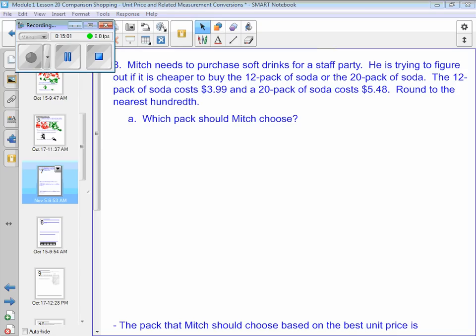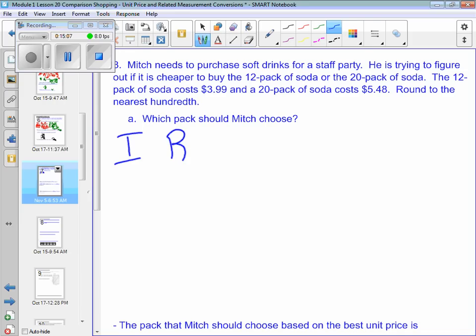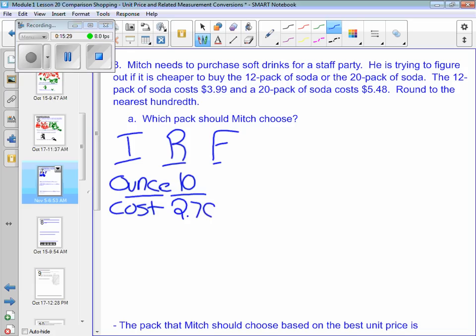All right, so here comes number 3. Same thing, TRF. Okay, set up your template. Be careful here.